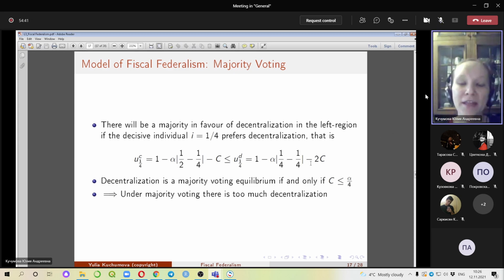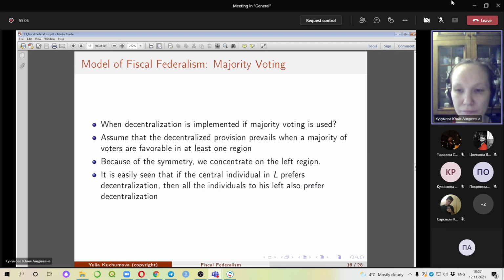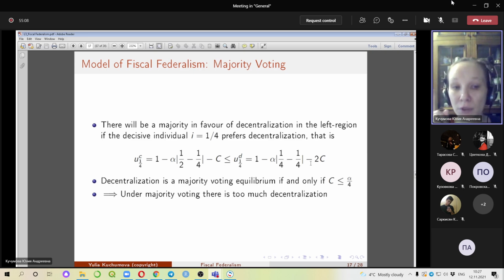Then what we also want to do now is compare the social optimum with what we just got. Remember that it was optimal to choose decentralization when cost was less than alpha divided by 8. And here the people will choose decentralization under majority vote if c is less than alpha divided by 4. This means that under majority vote there is too much decentralization.